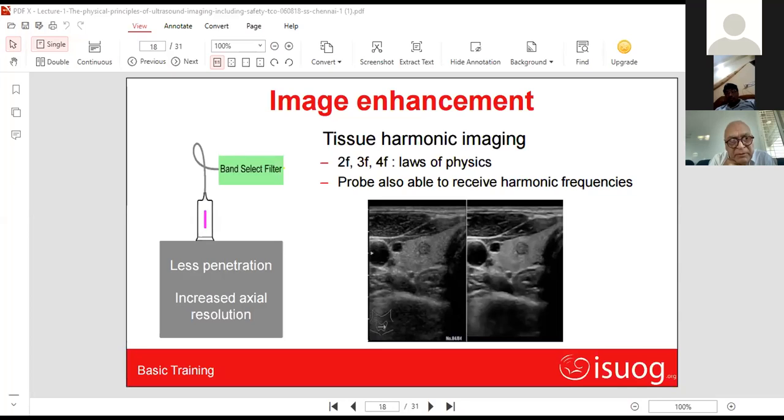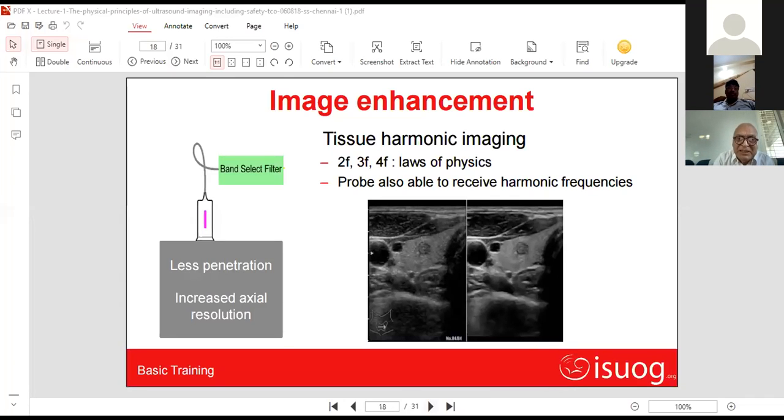The fundamental frequency is 2 megahertz, but the tissue vibrates at 4 megahertz, so it returns waves which are 4 megahertz. So we are sending 2 and receiving 4. That means our frequency has increased. So the image quality improves, as we know that the higher the frequency, the better the resolution.